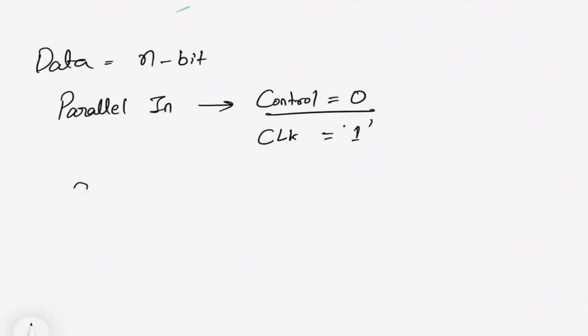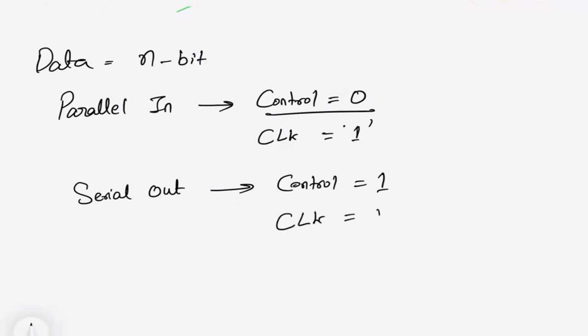The second thing is, when you are dealing with serial out, you need to set your control to 1 and number of clock pulse required to retrieve your data is n minus 1. So this is the generalized case.